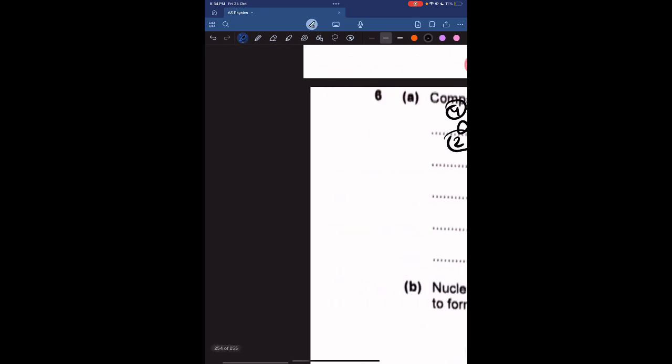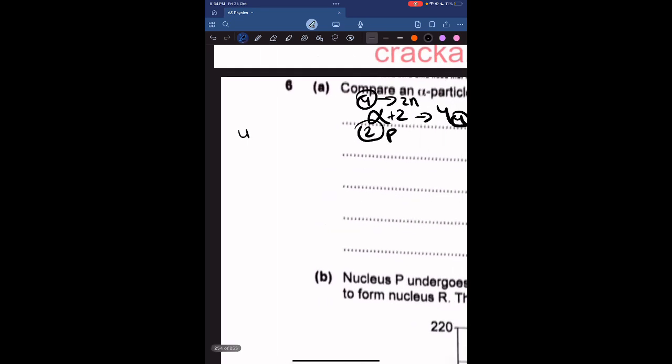What is u? u is a constant. This is a value that you need to know. This is basically the mass of one proton, which is 1.66 times 10 to the power minus 27, and this is also the mass of a neutron.